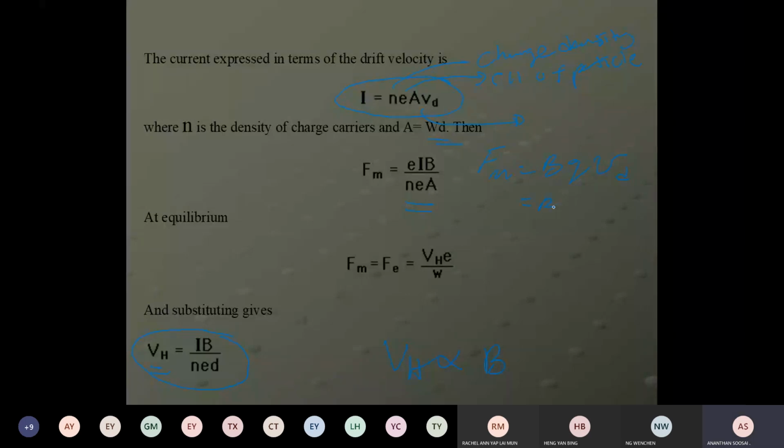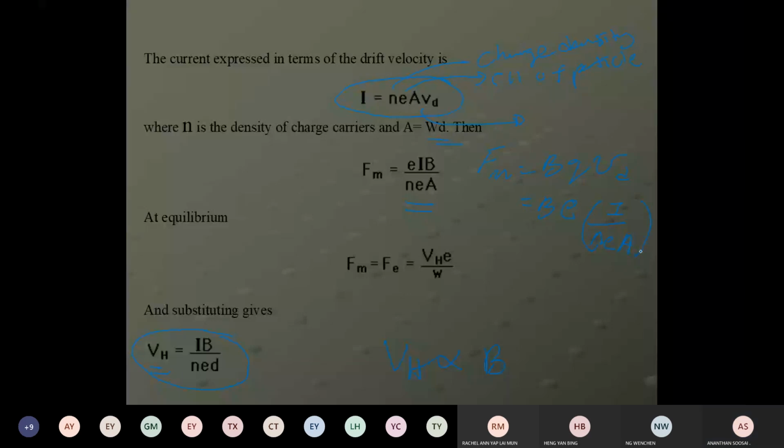So B and Q remain. Q we put as E, the elementary charge. Drift velocity is what? We get it from the top here. Drift velocity is I over NEA, correct? I equals NEA, yeah, correct.